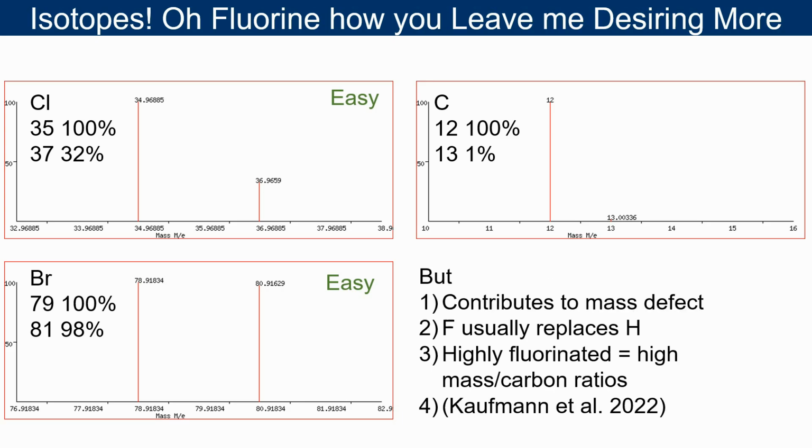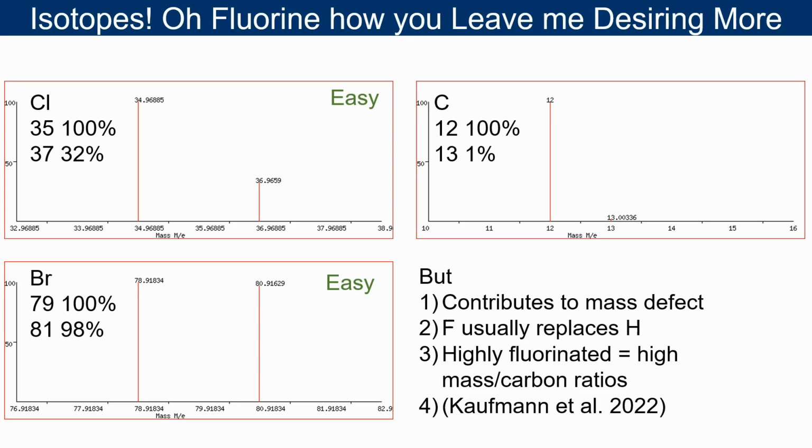We can think about the unique relationships of mass and isotopic pattern to identify likely PFAS, because fluorine does contribute to the mass defect, as shown 2 videos ago. We showed that it has a negative mass defect versus hydrogen, which is positive.